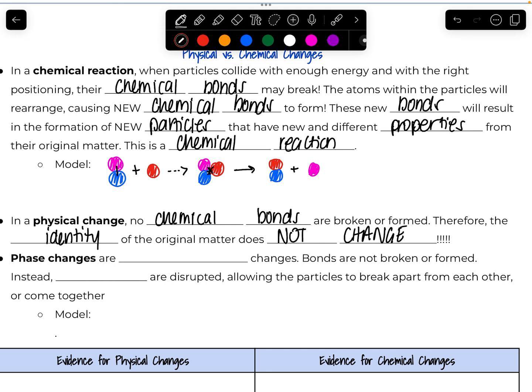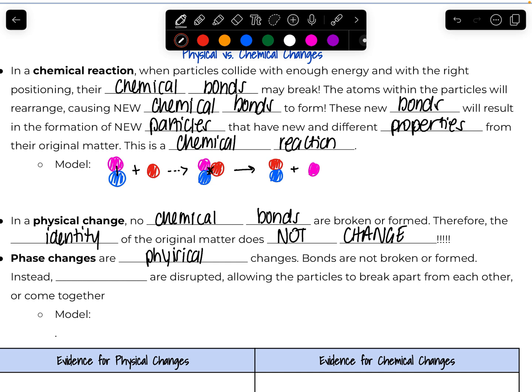Everything that was present before is present in the exact same way after in terms of its actual chemical makeup, its identity. It just has different properties. One specific example of a physical change that we looked at is a phase change. So phase changes are physical changes. So chemical bonds are not broken or formed.